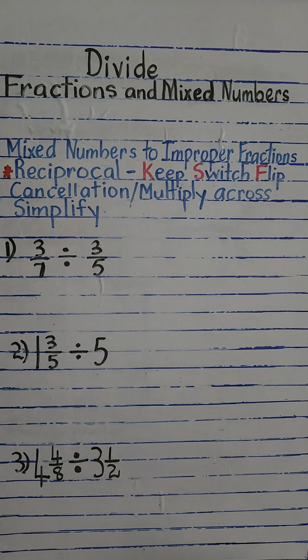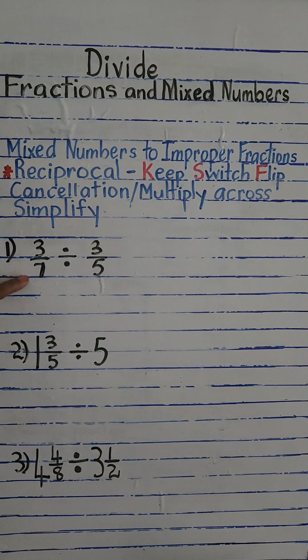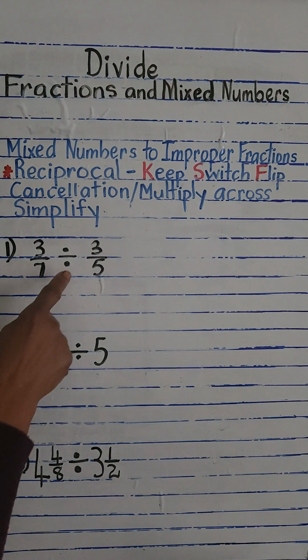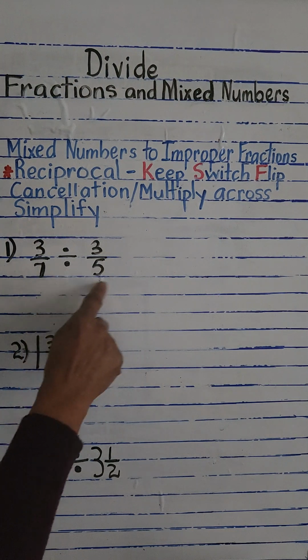First, we change the mixed numbers to improper fractions. And the next step is to change the division problem to multiplication. That means we are finding the reciprocal of the fraction that comes after the sign.